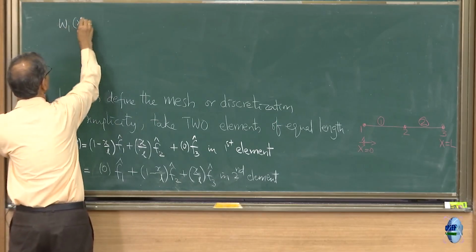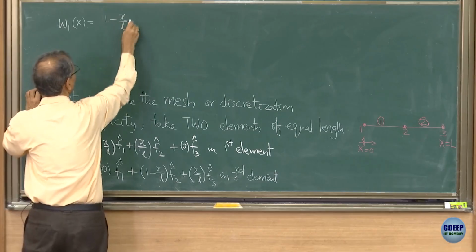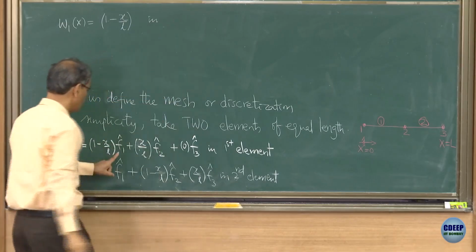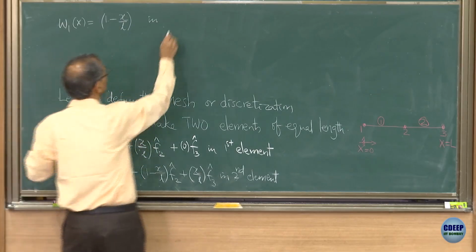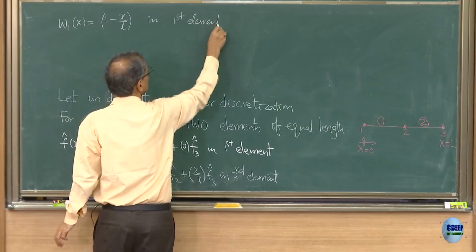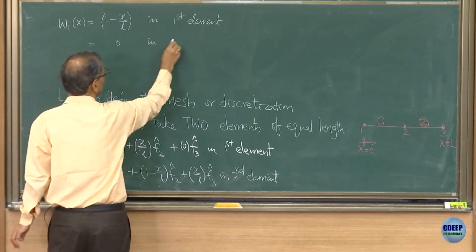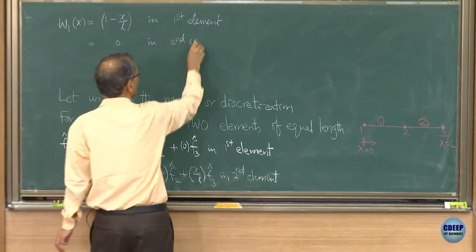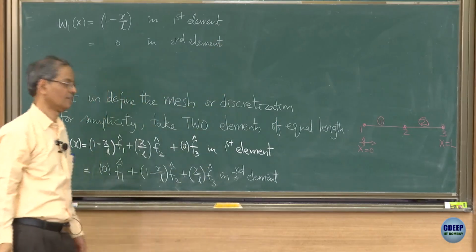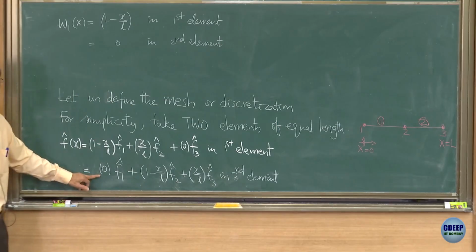W1 of x is 1 minus x by L, what multiplies F1 hat, in the first element, and it is equal to 0 in the second element. So 1 minus x by L, 0.